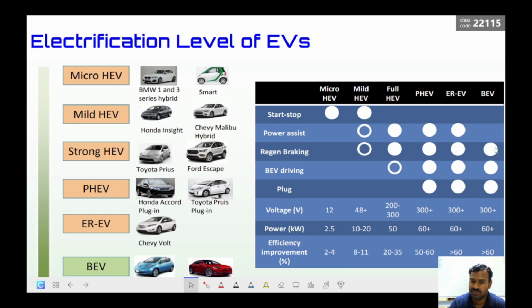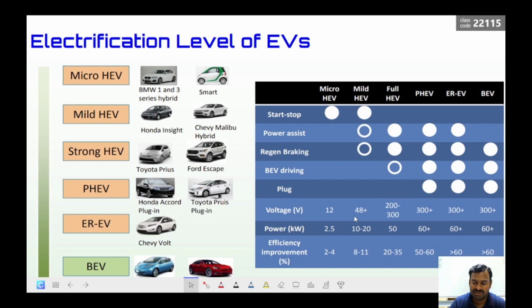And BEV is a pure electrical vehicle based on the stored battery power, where you have regenerative braking, BEV driving, and plug. You can see there is no power assistance because we are not going to use an engine, so it is a pure electrical vehicle.